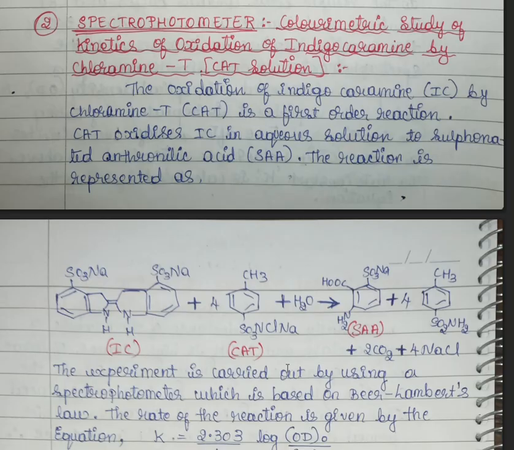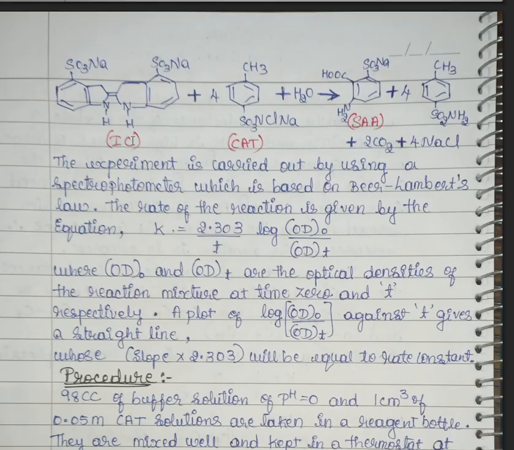Next is the spectrophotometer method. This is the colorimetric study of the kinetics of oxidation of indigo carmine, IC, solution by chloramine T, that is CAT, solution. IC is treated with CAT solution to form the product and other byproducts.